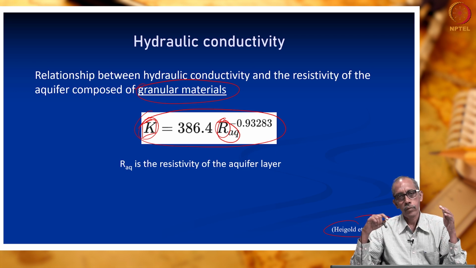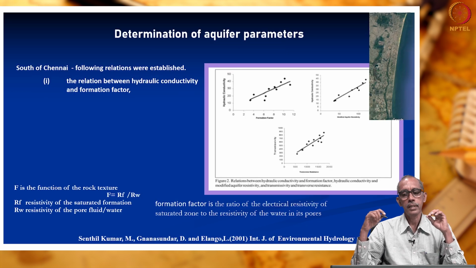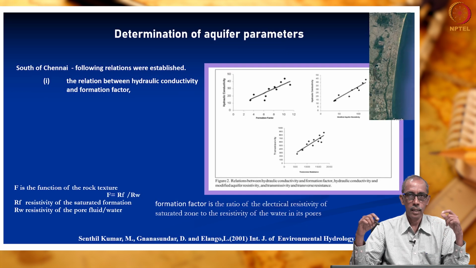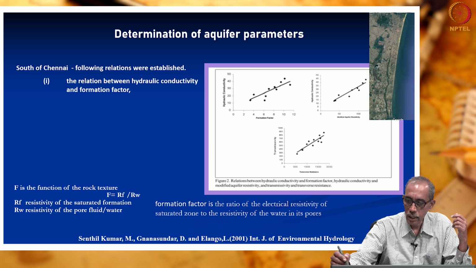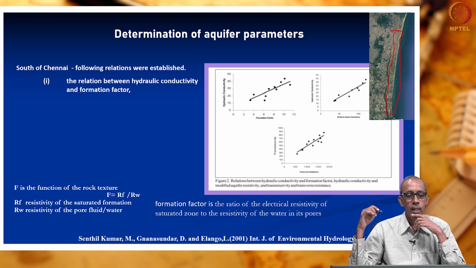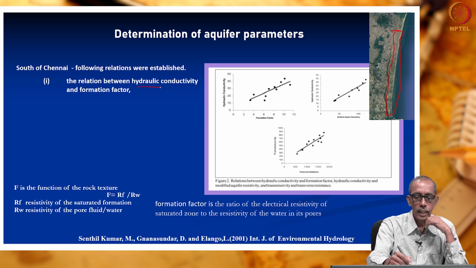So, in the last two slides, we have understood there is a way to estimate aquifer parameters from the resistivity measurements. We had used these methods for the same site which we had seen, the South Chennai coastal aquifer. We could get the relationship between hydraulic conductivity and the formation factor.